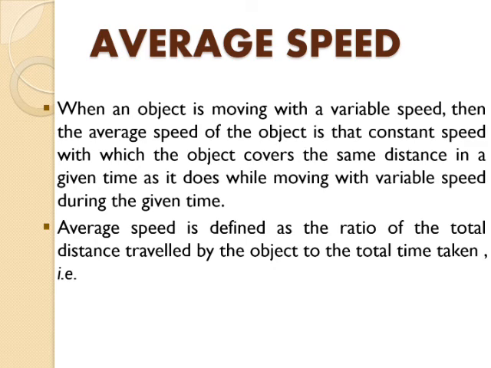Or we can simply say average speed for the given motion is defined as the ratio of total distance traveled by the object to the total time taken. That is, average speed equals total distance traveled upon total time taken.